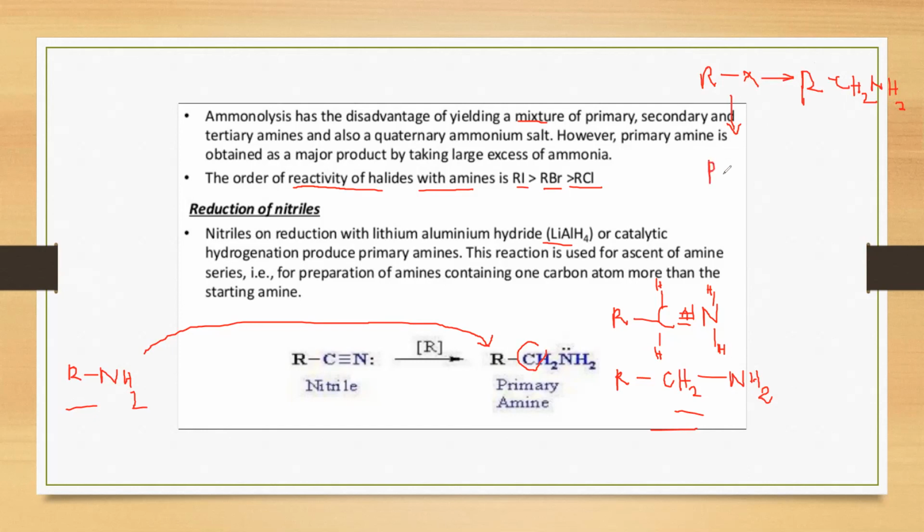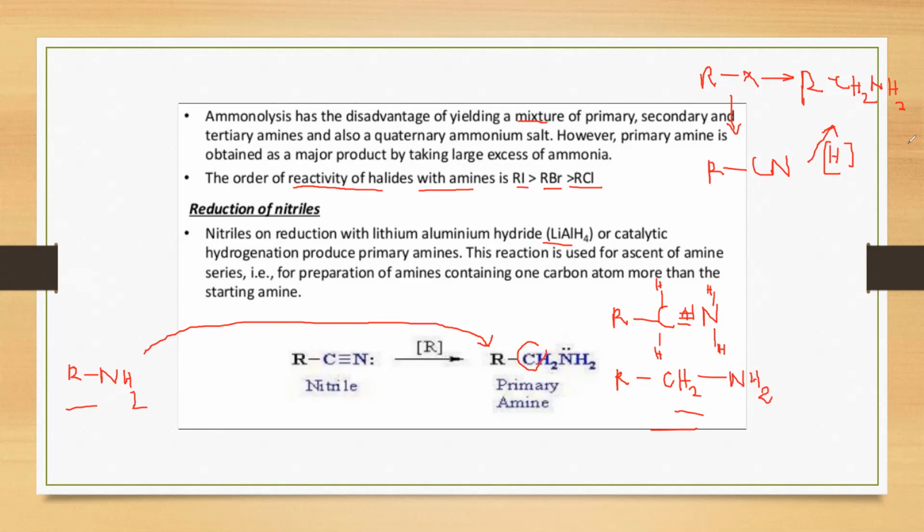So you will be getting RCN, and directly you can use lithium aluminium hydride or any reducing agent like sodium in ethanol, or catalytic hydrogenation. So you will be getting RCH2NH2. If the starting alkyl halide is butyl halide, the final amine will be pentanamine, pentyl amine, with 5 carbon atoms in the chain.